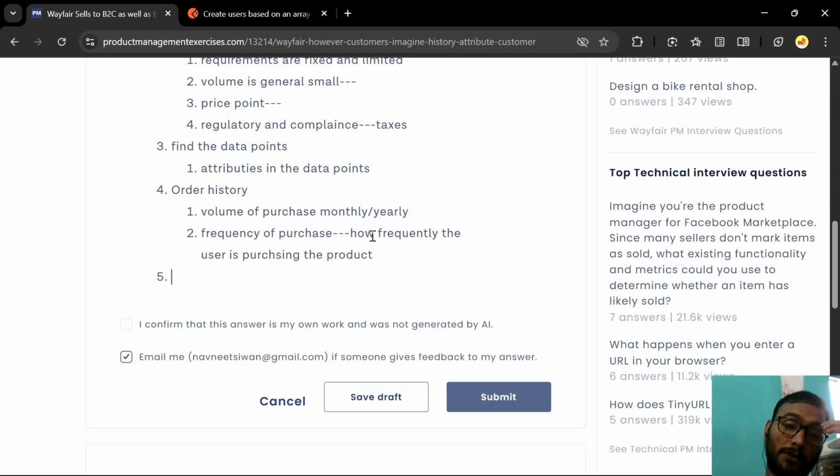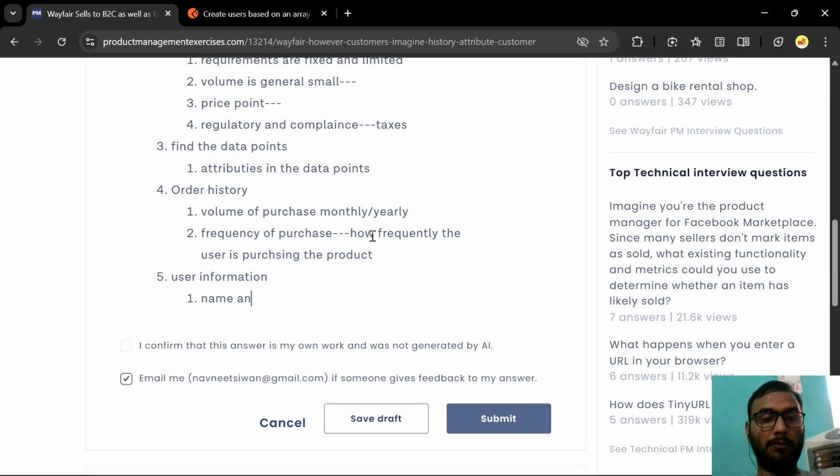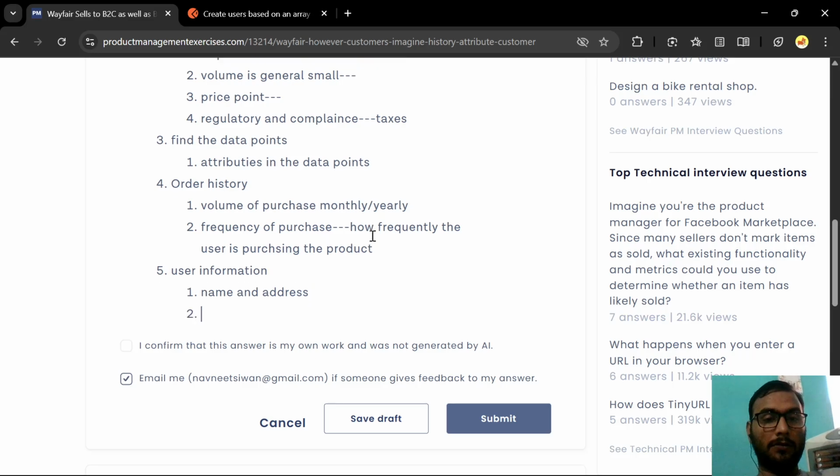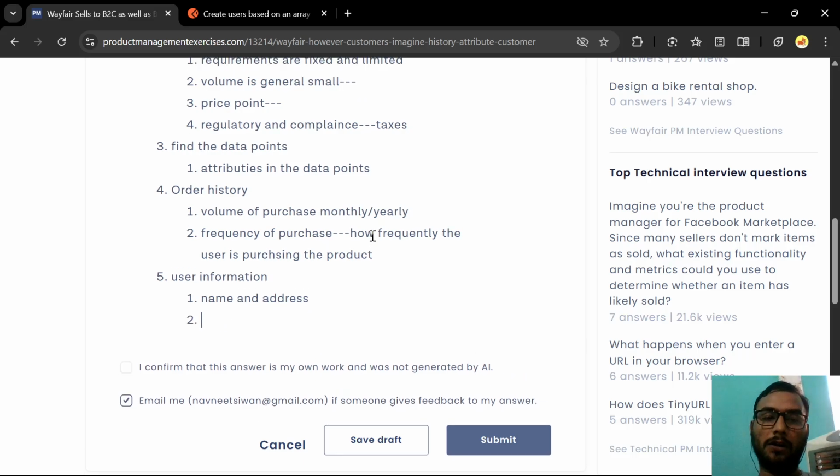And another data point we can look at is the name and address, the user information. Whenever someone is buying in bulk, or in volume, as a business customer, they would be getting certain discounts, or they would be required to follow the regulatory compliance and taxes aspect of it.